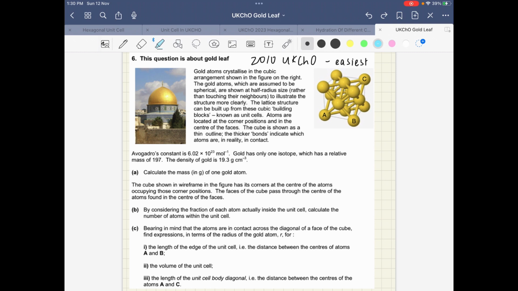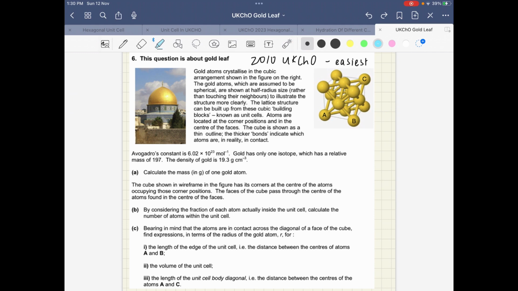Personally, I would say that this question is the easiest out of all the unit cell questions, because it only requires basic knowledge on how to calculate the dimensions of the unit cell, as well as the properties of the crystal lattice, such as the densities and lengths. So we will start by looking at the information given in this question.